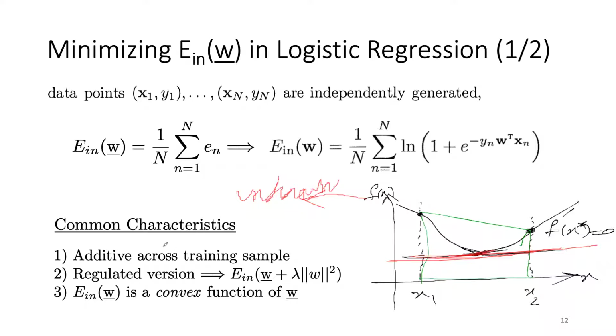We have, just like the linear regression, a regularized version using a regularizer lambda. You can play around with it to make the solution more robust. And also, just like the linear regression, E in of W is a convex function of W.